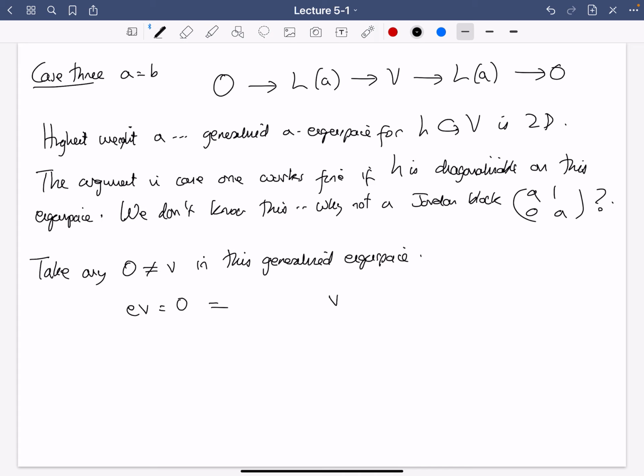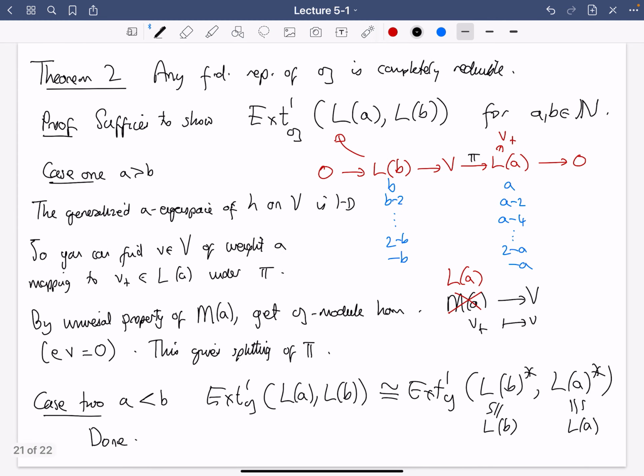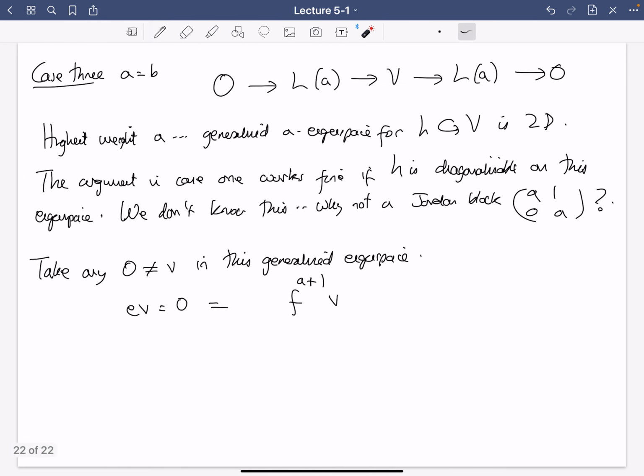And similarly, if you apply F to the power A plus 1, remember that we're going all the way from A down to minus A. I've applied one more F than that, so I've kind of dropped off the bottom. So that generalized eigenspace isn't there either, so that's also 0.